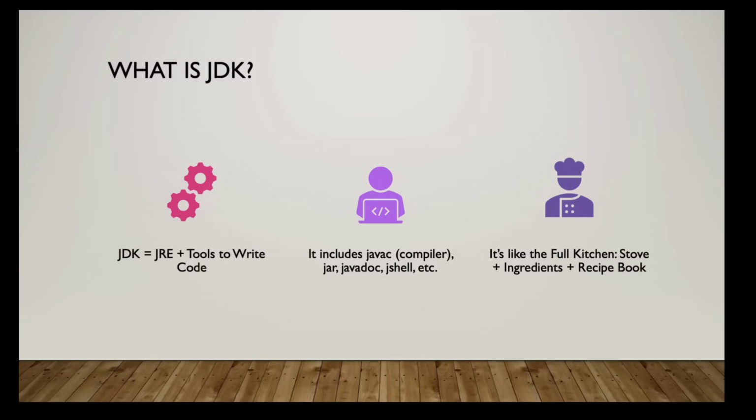So you write your code using JDK, you have a runtime environment which provides all the necessary dependencies for your code, and finally JVM inside it runs your code. JDK includes javac, which is a compiler, jar, javadoc, JShell, and many other things. So it's like the full kitchen: stove plus ingredients plus recipe book. So that is JDK.